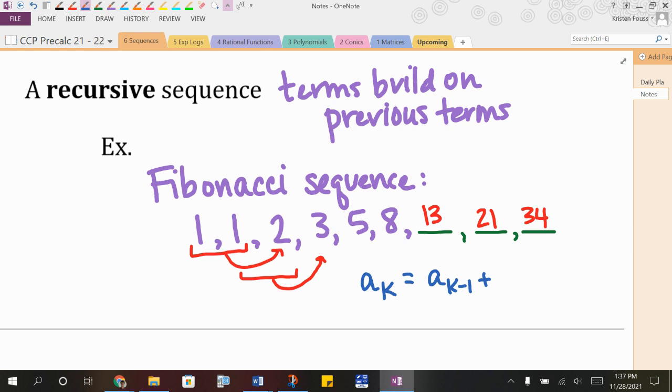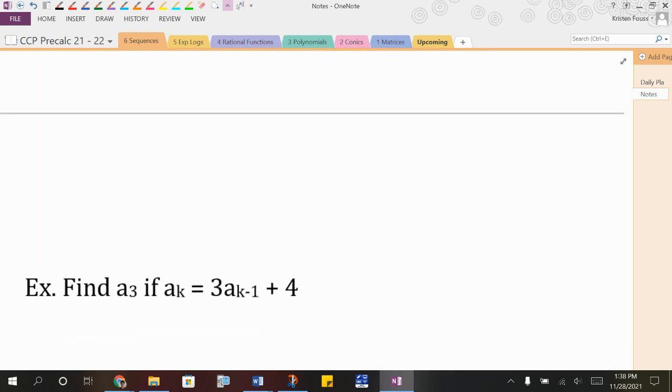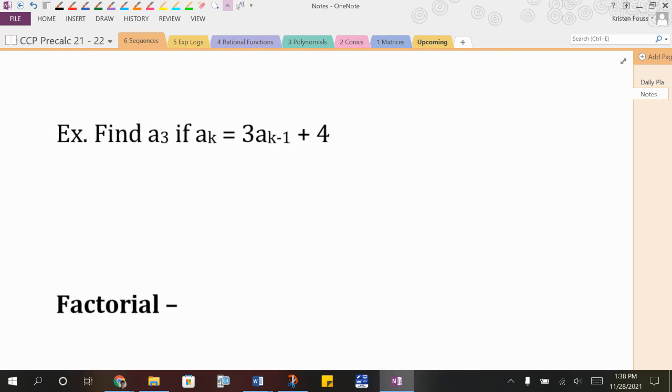So what would come before k minus 1? That would be k minus 2. So this is a recursive definition for the Fibonacci sequence. Any term is the term before it plus 2 terms before it. Again, we can't do it explicitly, we can do it recursively.